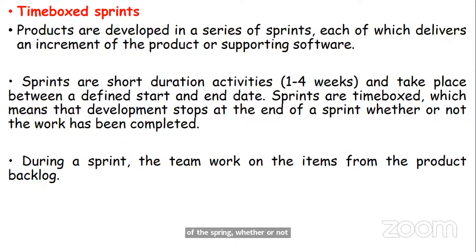So if the work has not been completed, it becomes a PBI for the next sprint. Now, you consider what happened that we were not able to complete this development in this sprint. If it's too large, then we can break it up, share it to two other Scrums, right? Then give them a sprint. Let's see if they can complete it. So during a sprint, the team works on the items from the product backlog.